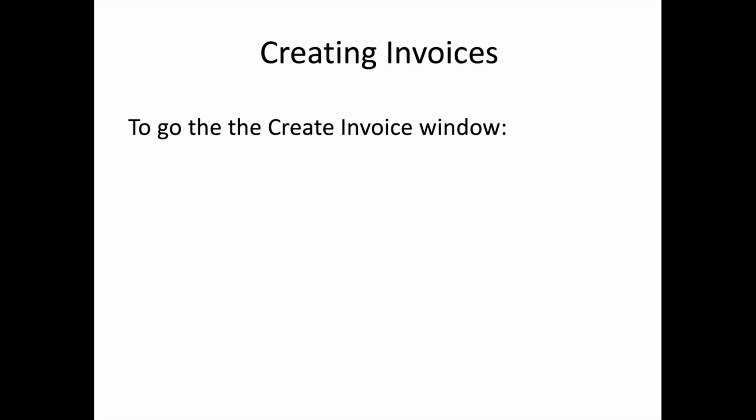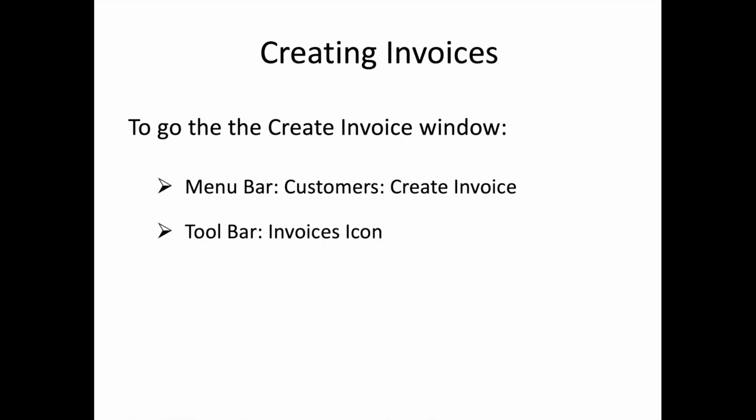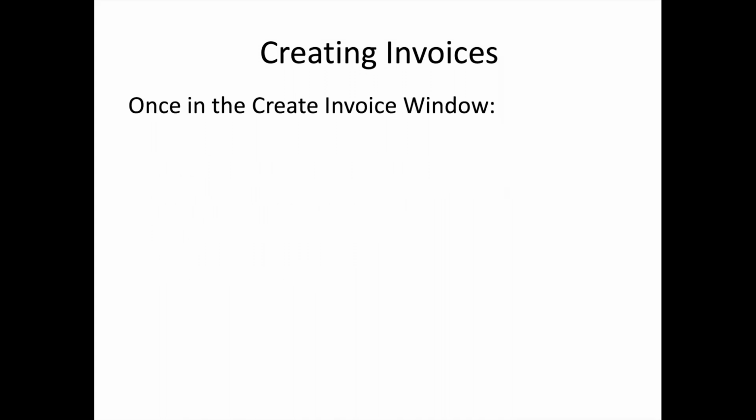There are several ways to get to the Create Invoice window. From the menu bar, select Customers, Create Invoice. From the toolbar, click on the Invoices icon. From anywhere, press Command-I. Once you're in the Create Invoice window, select the customer you want to send the invoice to.